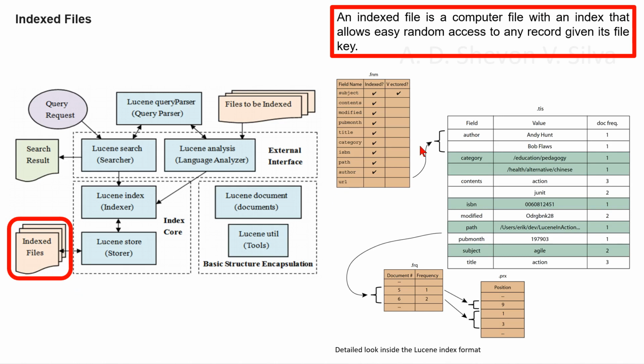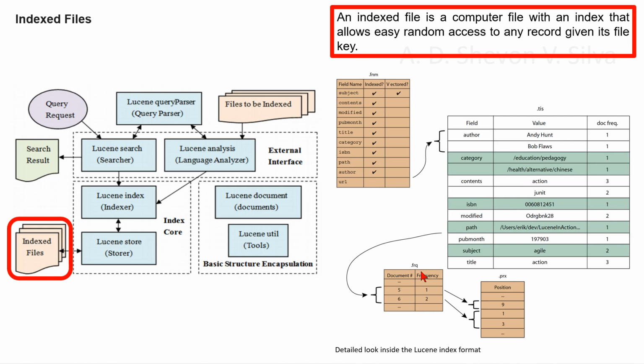Here you can see a detailed look inside Lucene's index format. Here, .fnm, the fields, stores information about fields, and .tis, term infos, part of the term dictionary, stores term info.